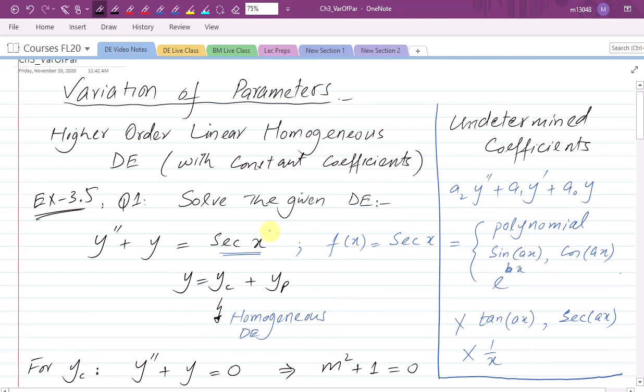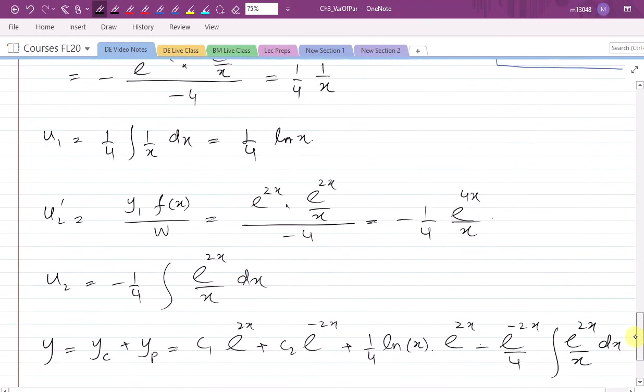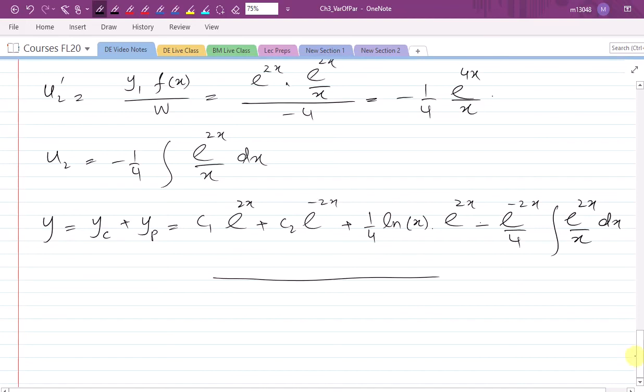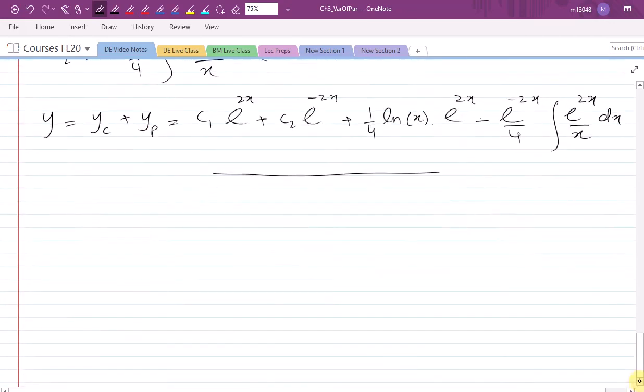Variation of parameters can solve a much bigger set of functions, but can it solve any function at all? Well, maybe for our course, not every function. As you can see, we don't know the answer to this thing, although we do know something about the equation. We know that yc is this, part of yp is this. This thing is still an integral, but that's how things work. Different methods have different limitations. They are good for something, they are not good for something. So that's how it works.